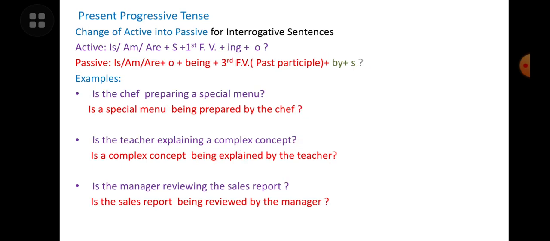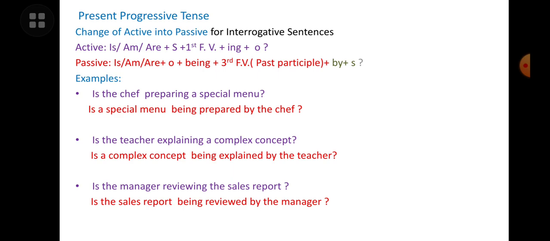Now change of active into passive voice for interrogative sentences when the tense is present progressive. In the active case, first of all we put is, am, or are, plus subject, plus first form of verb plus ing, plus object, and then we put the sign of interrogation, that is compulsory.